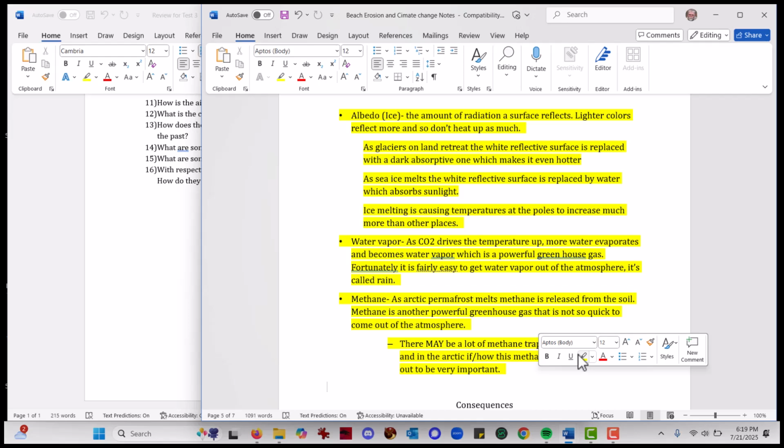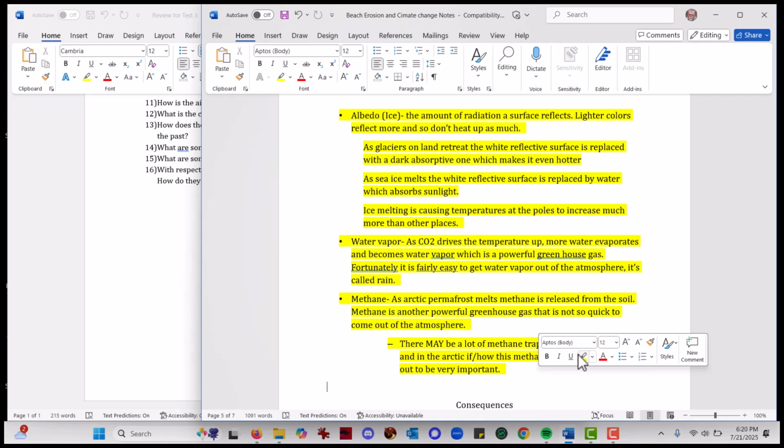And ice reflects sunlight. This is how ice keeps the planet cool. Ice doesn't keep the planet cool because it's cold. It keeps the planet cool because it's light in color, and so it reflects sunlight. So, as we warm the planet, ice melts. That means we're reflecting less sunlight. That warms the planet. Ice melts, and we're reflecting less sunlight. You can see how we're in a loop, right? That's what I mean by a feedback.